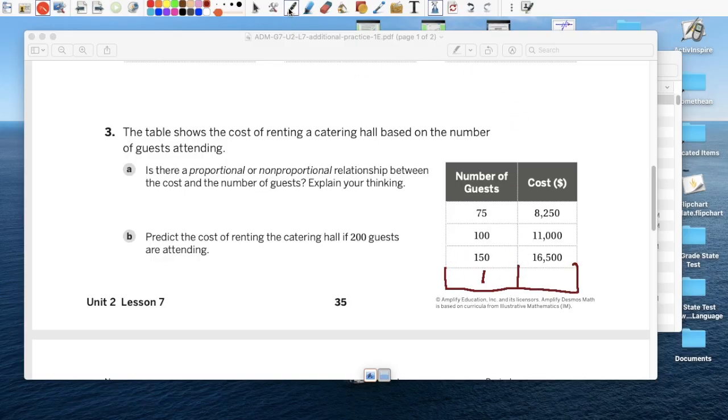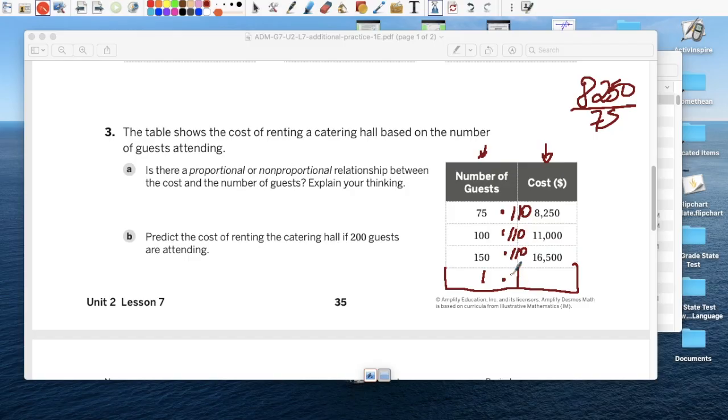Well, let's find the constant of proportionality. Divide, obviously, right? We're going to divide this column by this column. So in order to find this number over here, we divide 8,250 divided by 75. And what's the cost per person? It's 110. Well, times 110, times 110, times 110.